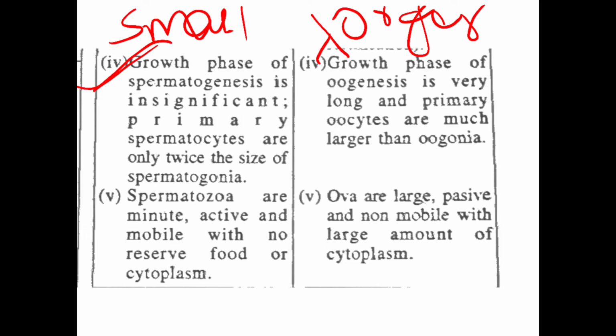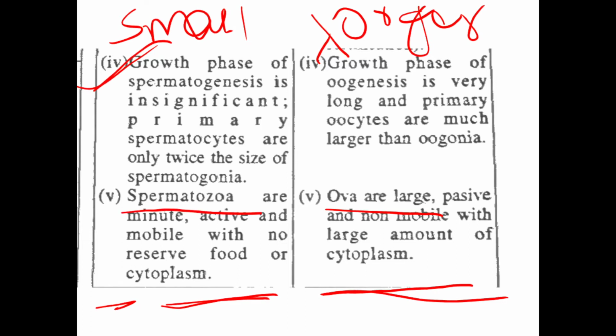Spermatozoa are minute, active and mobile with no reserve food or cytoplasm. You can write sperms are active, they are mobile, whereas ova are inactive and immobile. Ova are large in size. This is the difference between sperm and ovum.